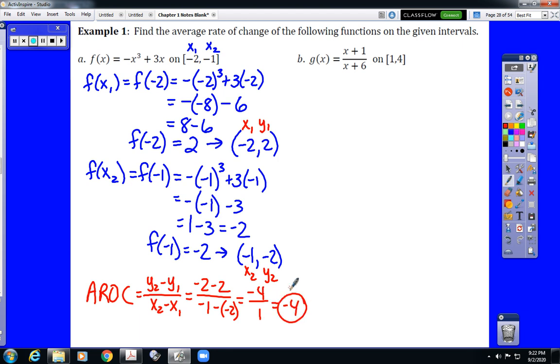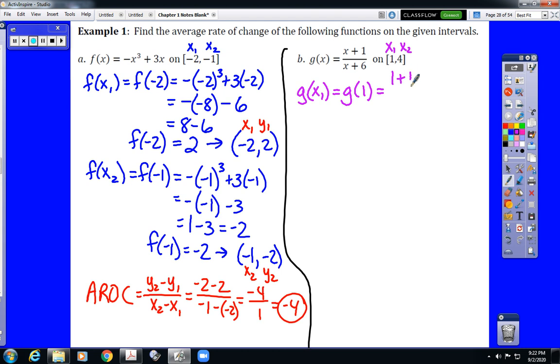Let's do another one. Might want to pause and give it a shot. Okay, let's assume you didn't pause. We have, again, 2 x values. We need to figure out what the y values are that go with them. So g of x1 is g of 1. We plug 1 in for both of the x's, and we get 2/7.